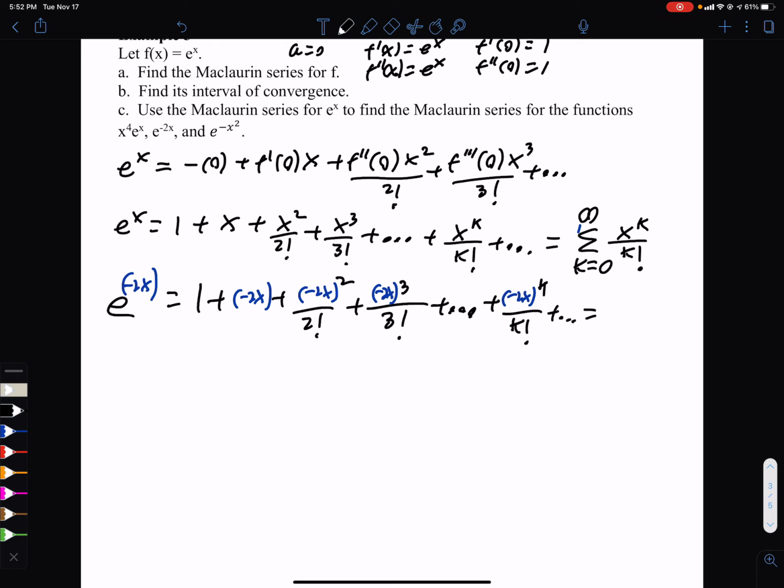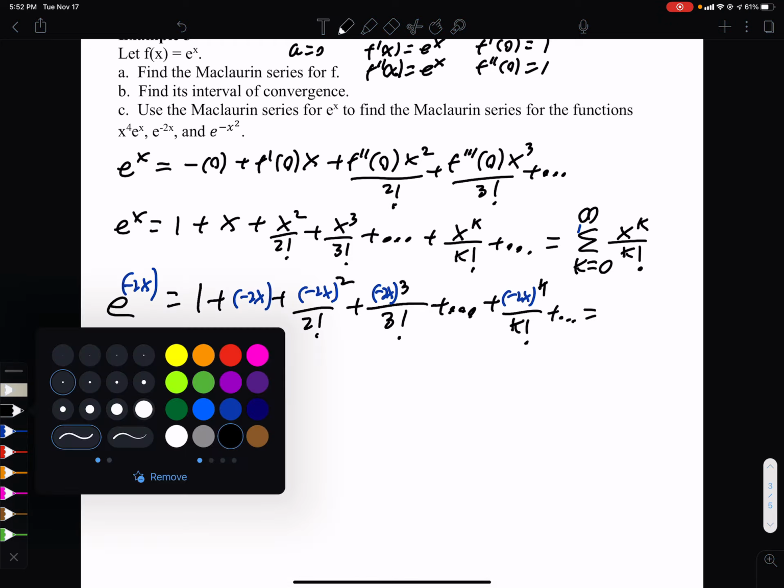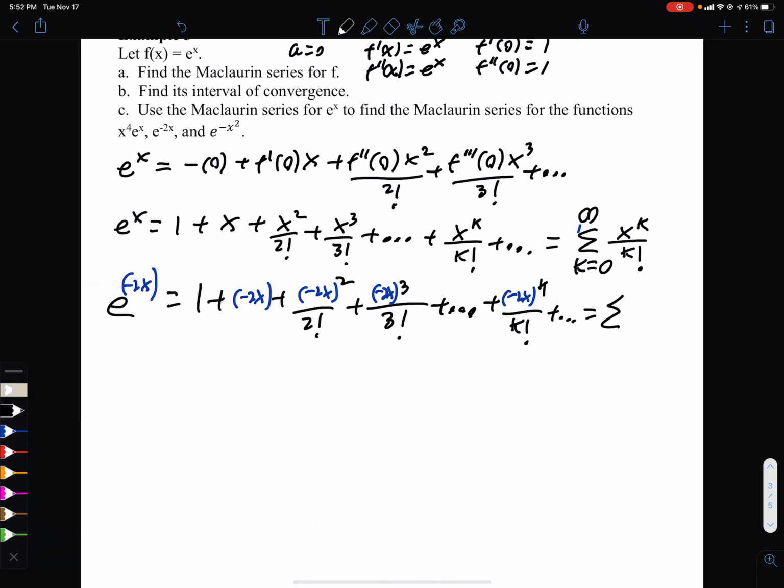And then in the summation, we replace x with minus 2k. Bam. And that's the rule. If we have a composition, we're allowed to do that. And so it's quite easy to find the Taylor series for a lot of different e to different powers, as we're seeing here.